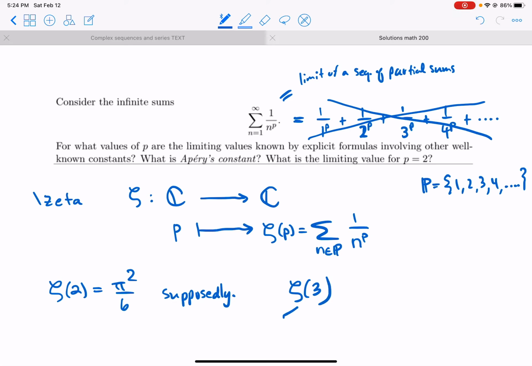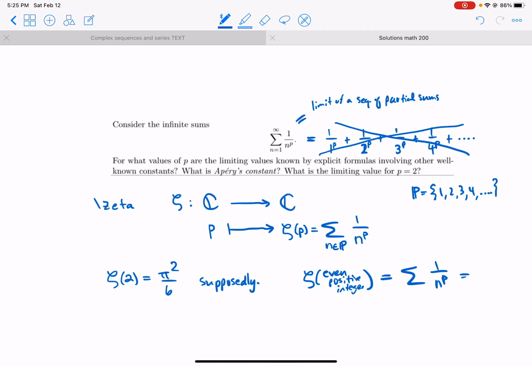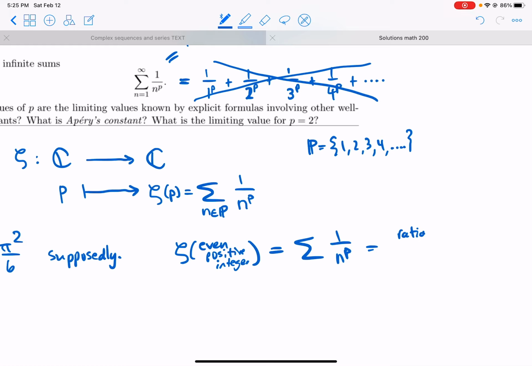Zeta of 3 is not known. Zeta of 5 is not known. Of course, zeta of 5.1 is also not known, but for particular integer values, in particular an even positive integer p, this sum is equal to some rational number times some power of pi.